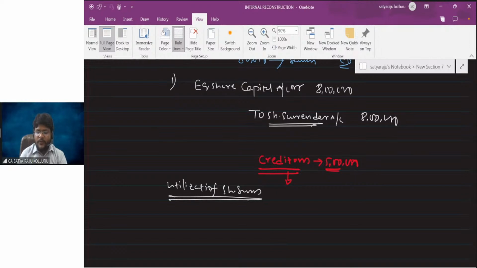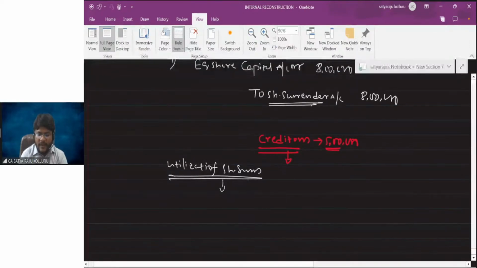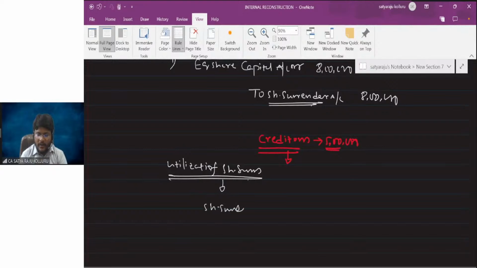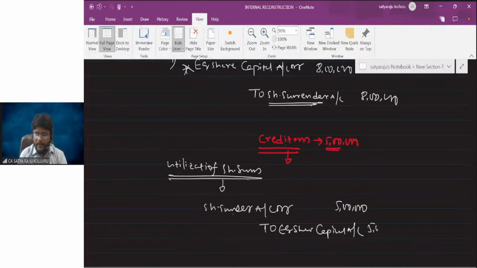For the purpose of utilization of share surrender, always the entry is that you need to reverse. That is share surrender account debit to equity share capital account. Simply whatever entry you passed earlier, just make it reverse here, but to the extent of 5 lakhs only.